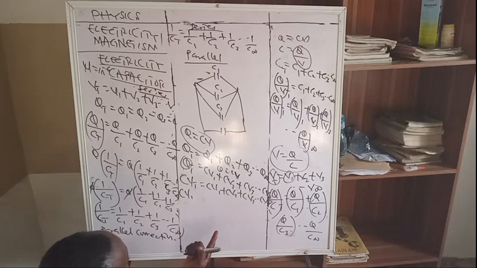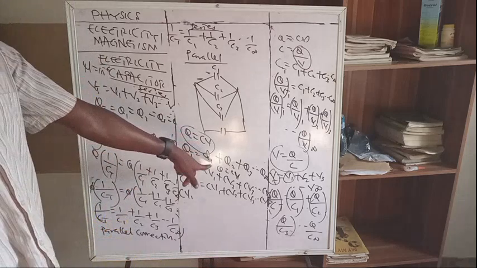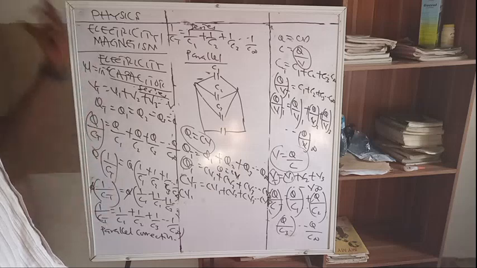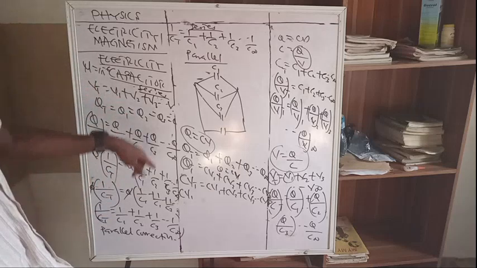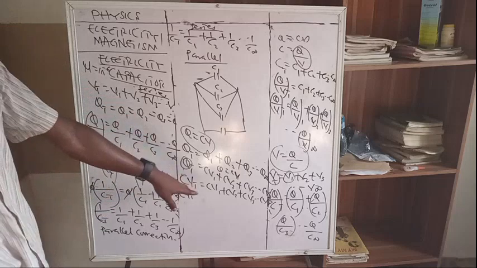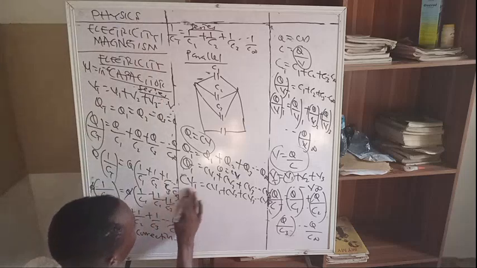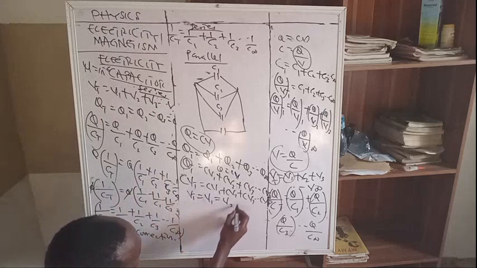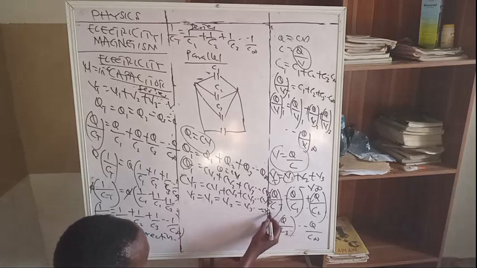My potential is going to be the same because in parallel connection, charges are different, but potentials are the same. Take note, in series connection, potentials are different, charges are the same, while in parallel connection, charges are different, but potentials are the same. So if potentials are the same, that means I'm going to have V total is equal to V1 is equal to V2 is equal to V3, then everything is equal to V infinity.